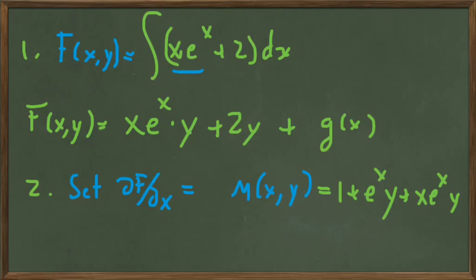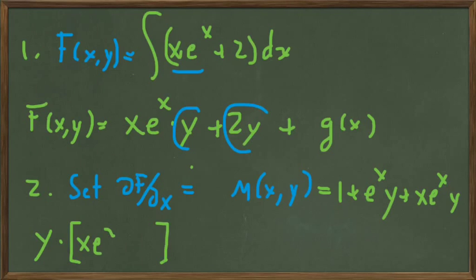And the partial of this f with respect to x, we're treating the y variables like they're constant. And we get what? On the first term we copy the y over, and then we take the partial of x e to the x, which is a product rule, so it's x e to the x plus 1 times e to the x.